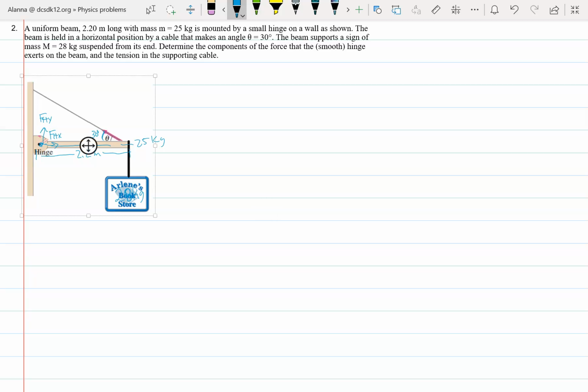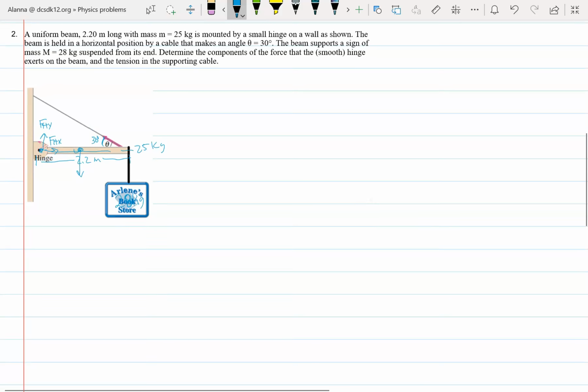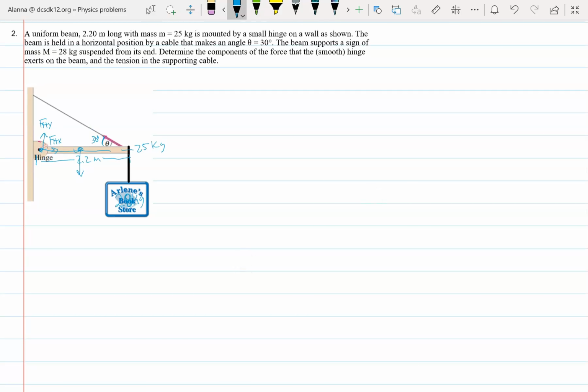Then we've got the beam itself. The beam has a mass of 25 kilograms. And we want to multiply that by 9.8 to get its weight. So the force that the beam is putting on itself is equal to 245 newtons. And then we've got the sign.